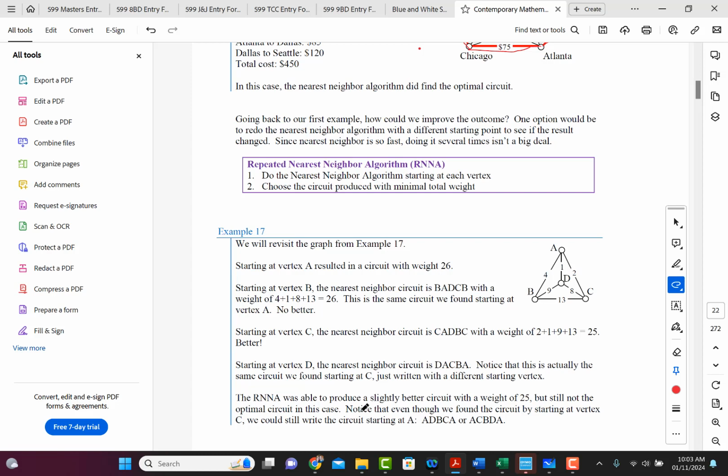Going back to the example that we did before, if we start with a different vertex, well, A we already did, we've got 26, right?